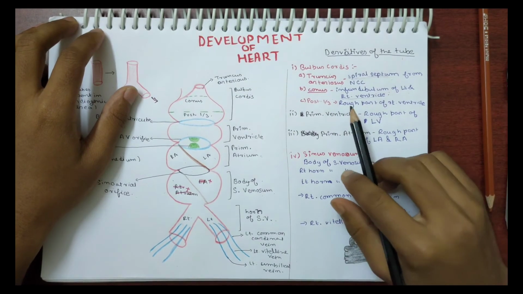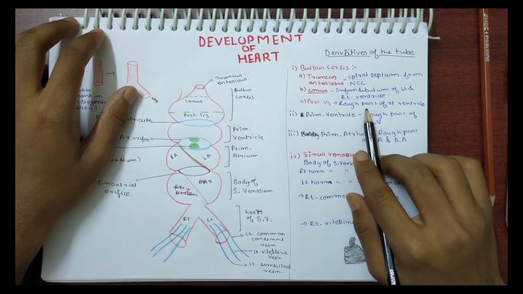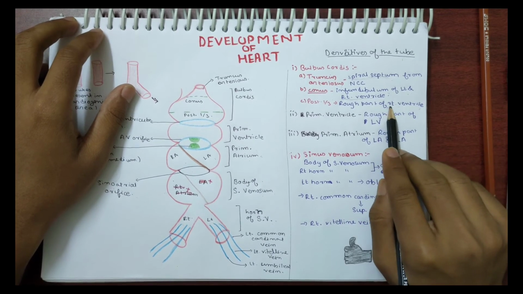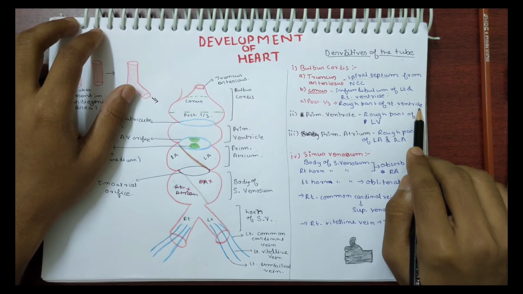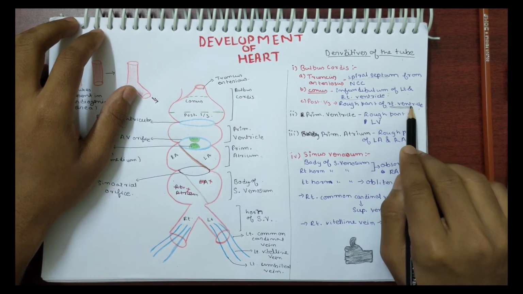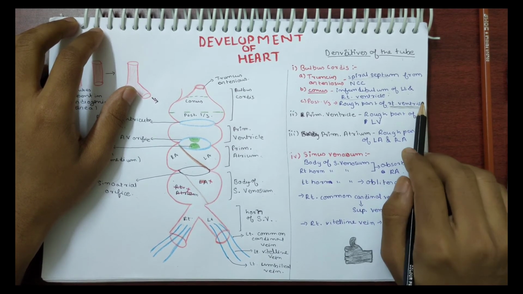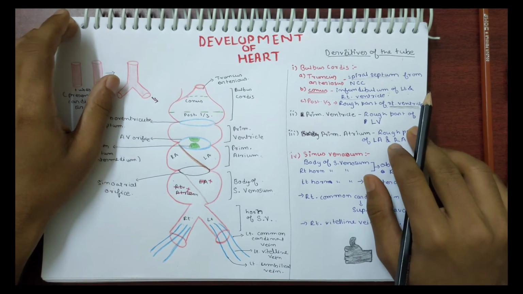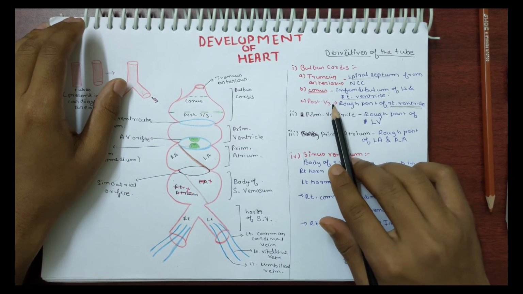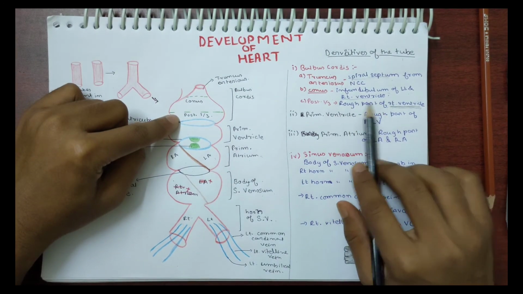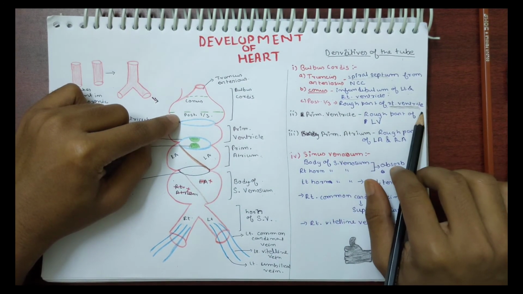Now the posterior 1/3 will form the rough part of the right ventricle. Like I said, only one side is being made. What side is it? It is the right ventricle. So you have to pay close attention to this while writing. You might often confuse it. So the posterior 1/3 of the bulbus cordis will give rise to your rough part of the right ventricle.